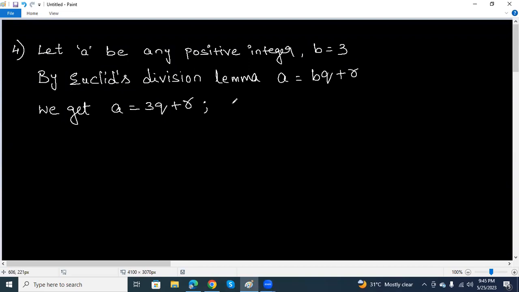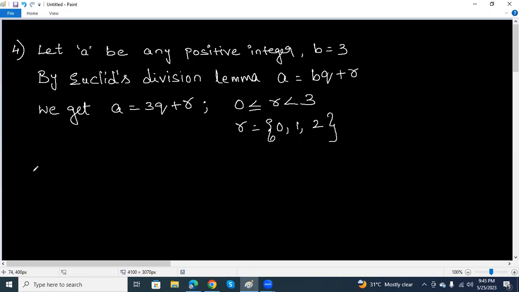Here r is greater than or equal to 0 and less than 3, since it should be less than the divisor. q is the quotient, r is the remainder. So what are the r values? We may get remainder 0 or 1 or 2. Less than 3 means up to 2. So just 3 cases, and with these 3 cases we can finish this problem.